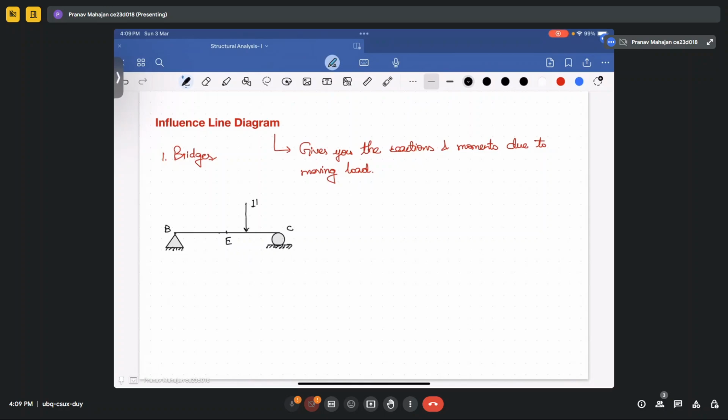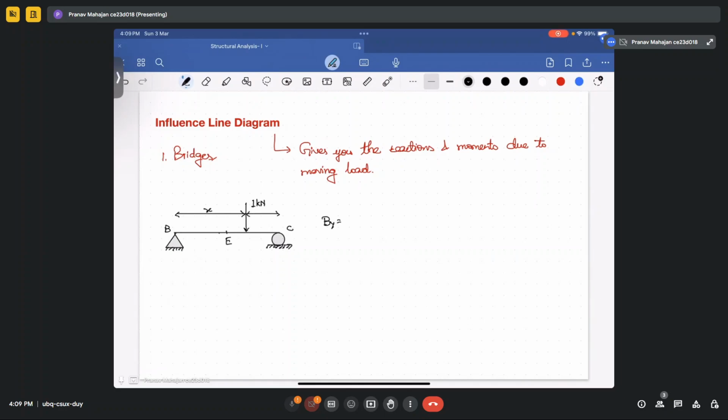For this, take it as 1 kilonewton, and this distance is h. Okay, so what will be the corresponding reaction at that point?